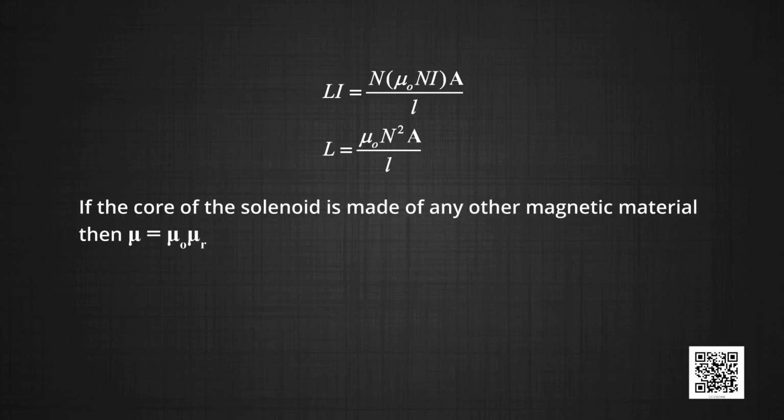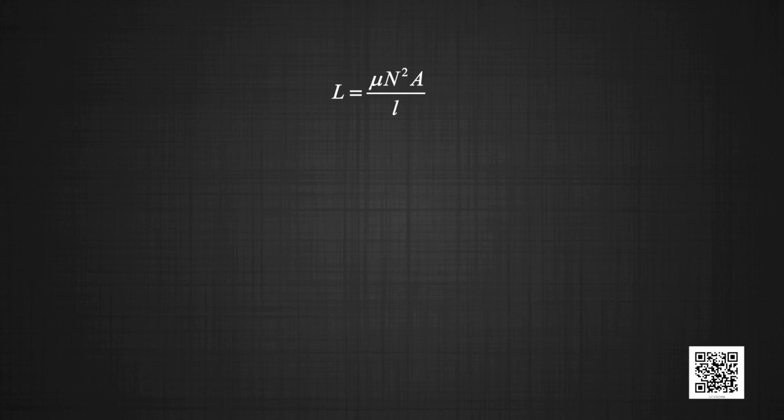If the core of the solenoid is made of any other magnetic material, then mu, the magnetic permeability of that material, becomes equal to mu naught times mu r, where mu r is the relative permeability. So, L is equal to mu times N square A by l, or L becomes equal to mu naught mu r N square A by l.